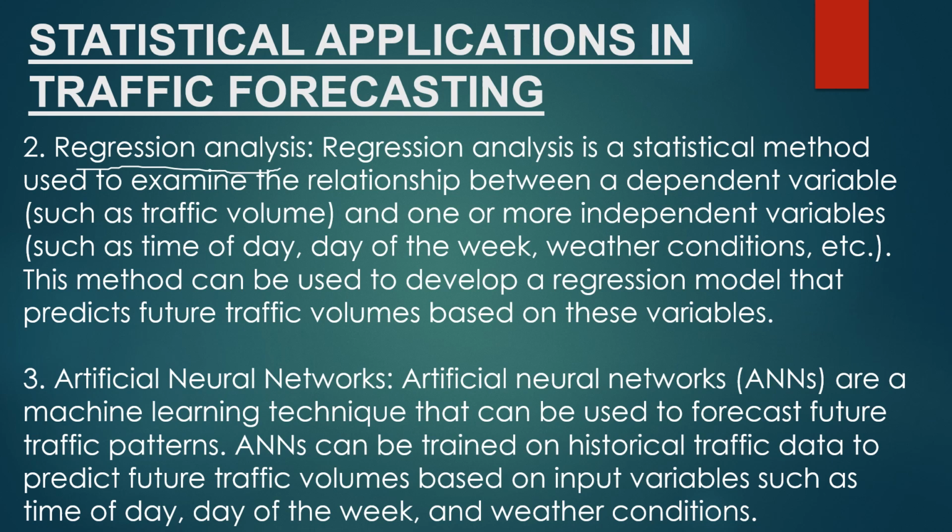Artificial neural networks. Artificial neural networks are a machine learning technique that can be used to forecast future traffic patterns. They can be trained on historical traffic data to predict future traffic volumes based on input variables such as time of day, day of week, and weather conditions.